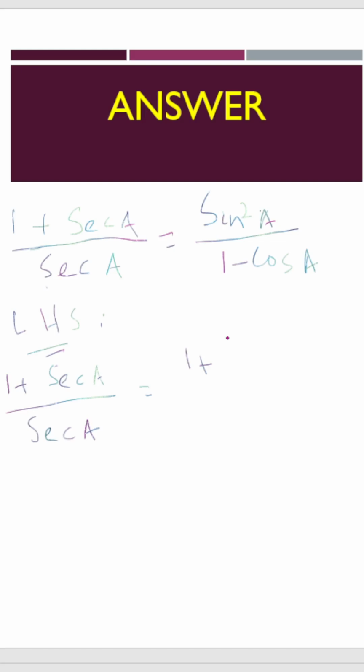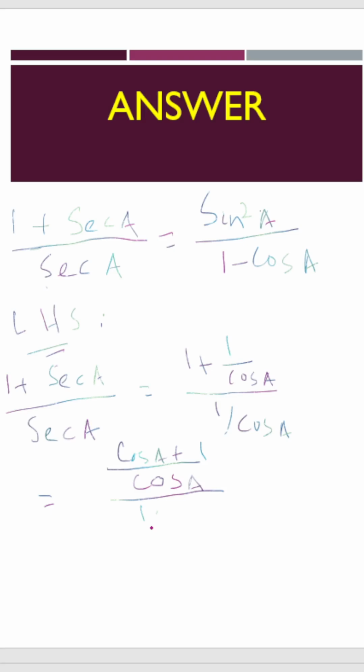Sec A is 1 by cos A, divided by sec A, again 1 by cos A. Let's do the addition of the numerator. Cos A is the common factor, and here cos A by cos A cancels out, so it's 1 divided by 1 by cos A.